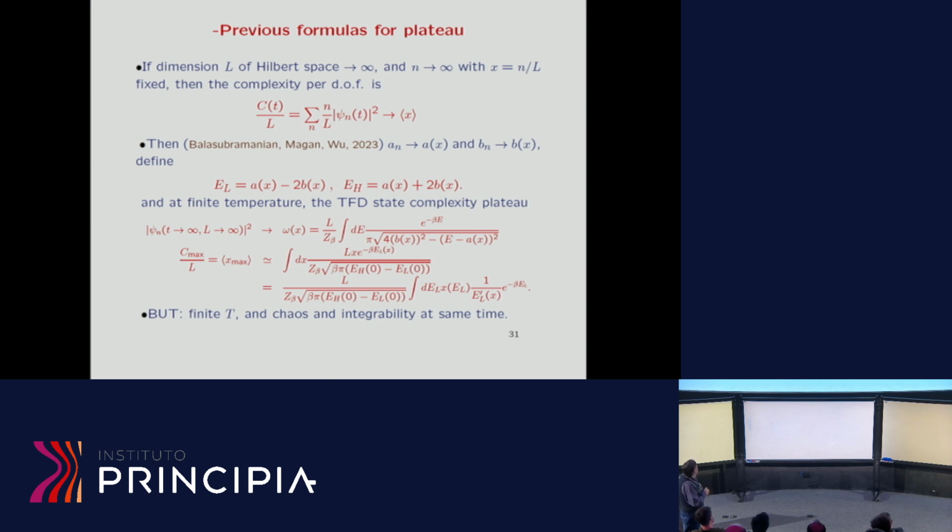And first of all, this is necessarily at finite temperature, and I find it slightly puzzling that this is true both in the chaotic and integrable regime. So anyway, this is not the only formula available for the plateau, but there's still a lot to be understood. So I hope our approach has something new.